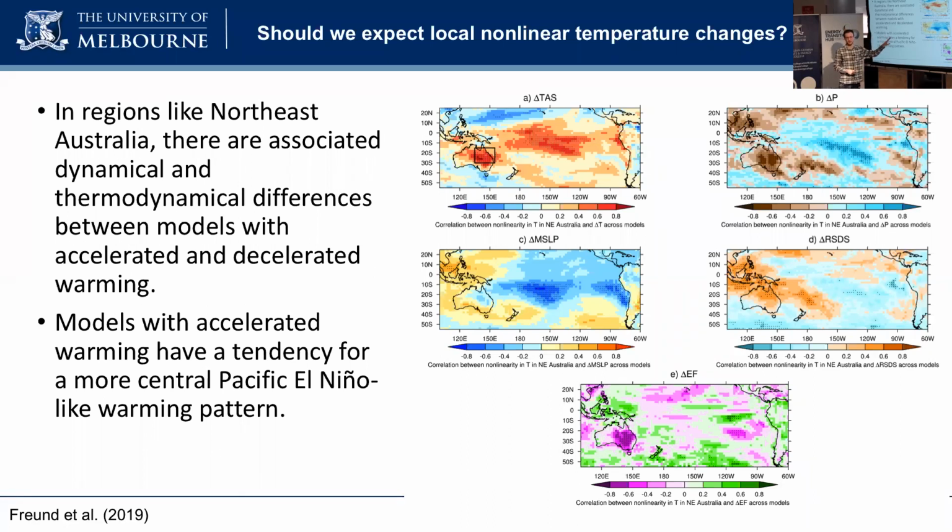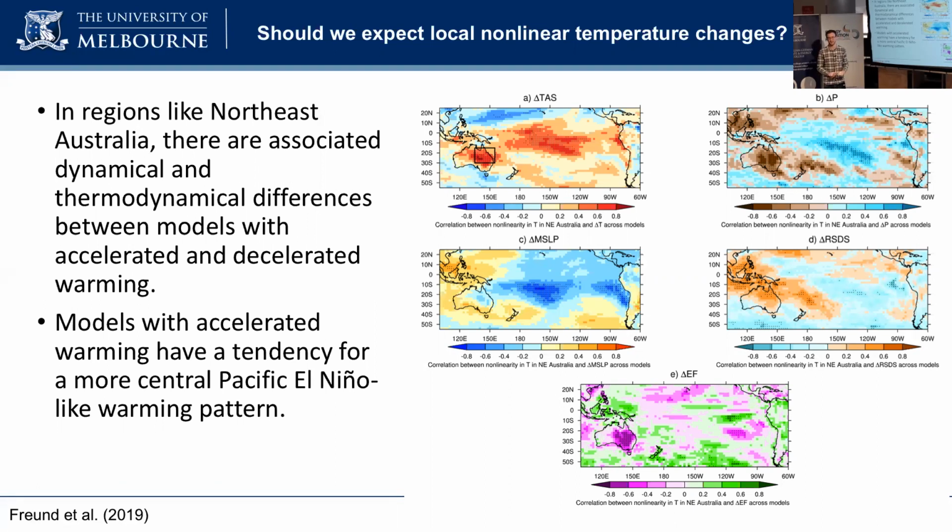Specifically the non-linearity in Queensland summer temperatures here. So the models with accelerated warming as a function of global temperature, so forget about time, the models with accelerated warming in Queensland tend to have a reduction in mean sea level pressure in the Central Pacific.